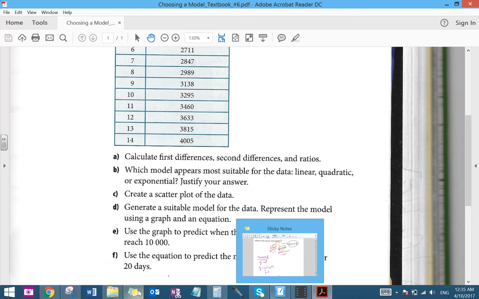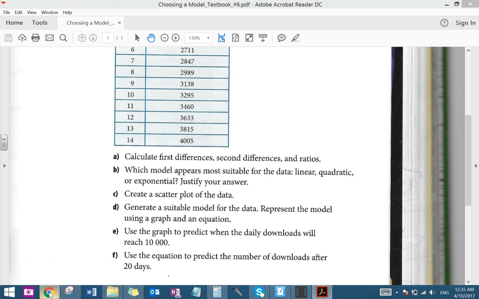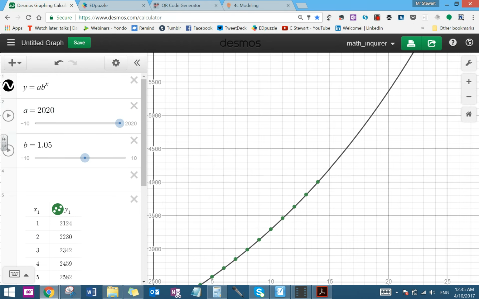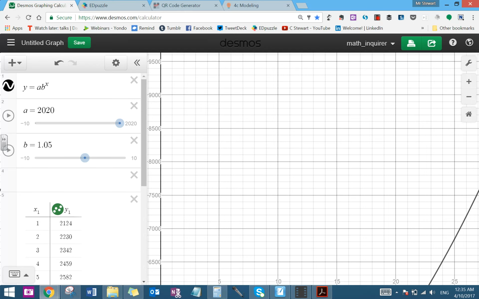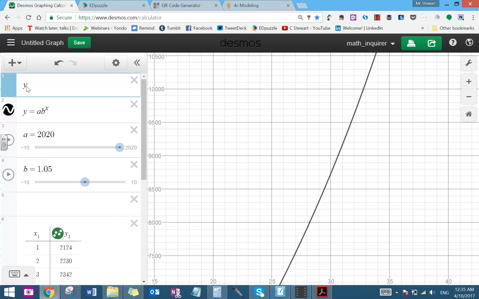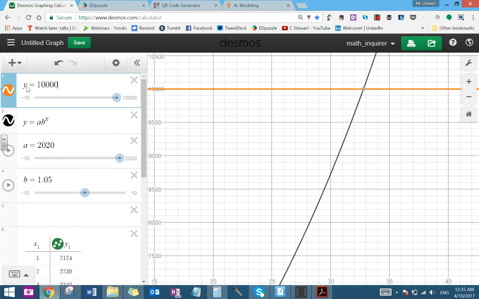So if we use the graph to get to 10,000 daily downloads, we're just going to take a moment to scroll up until we hit 10,000, and you can see it here. I'm just going to type in a horizontal line, y equals 10,000, and that's going to help me connect to this point here.